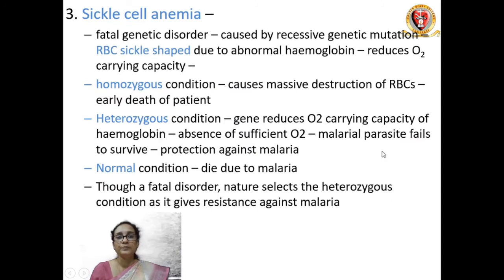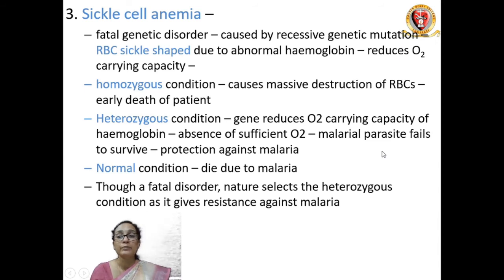Another example is of sickle cell anemia. Now, sickle cell anemia is a fatal genetic disorder, and it is caused by a recessive mutation which causes sickling of the RBCs. That is, the normal hemoglobin, when present in the RBCs, makes the RBCs a spherical shape.